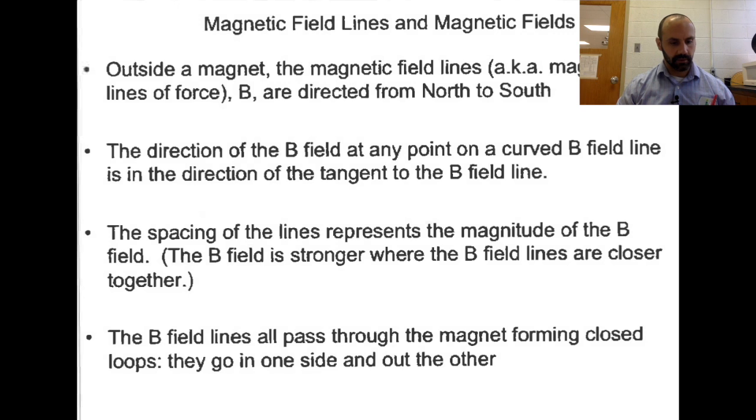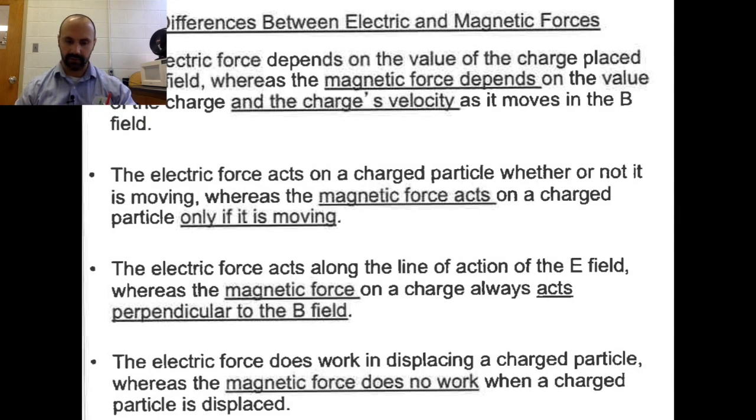The electric field and the magnetic field are perpendicular to each other. Okay, other important things. Field lines work the same as they have before. The density of the field lines tells you the magnitude of the field. However, there are differences between electric and magnetic fields. The force on a charged particle does not depend on the field lines alone. It also depends on the velocity.